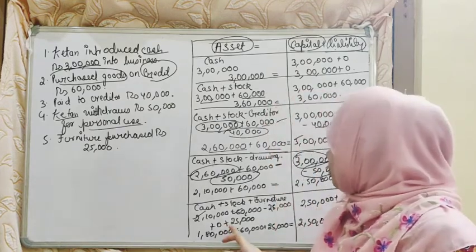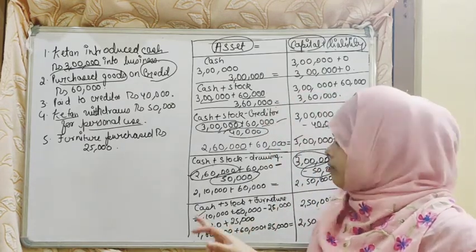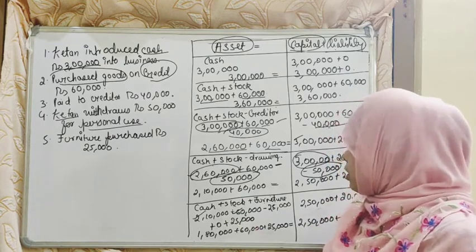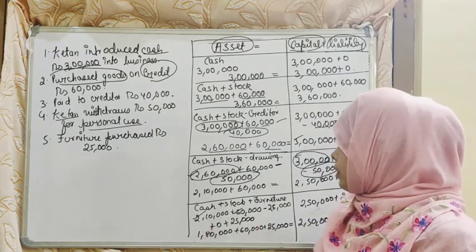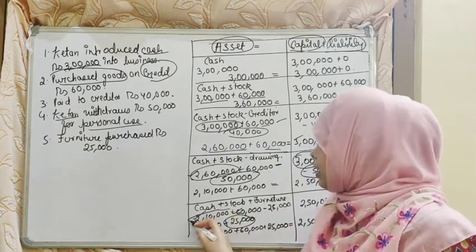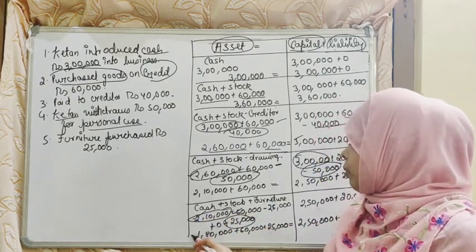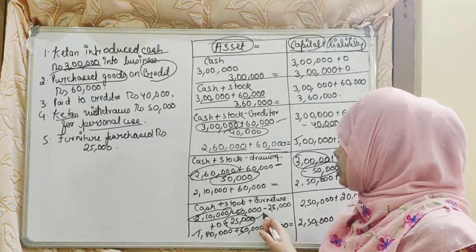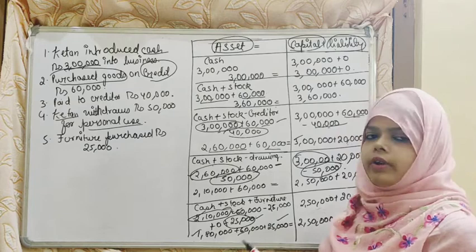And plus 25,000, because if the stock is there, furniture is also in the business, so plus 25,000. So this 25,000 is subtracted from the 2,10,000 amount. We get 1,80,000 plus 60,000 plus we have furniture of rupees 25,000.